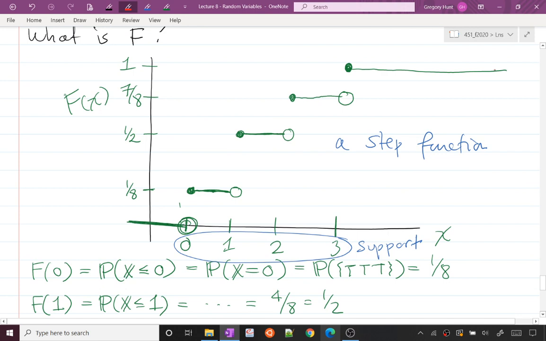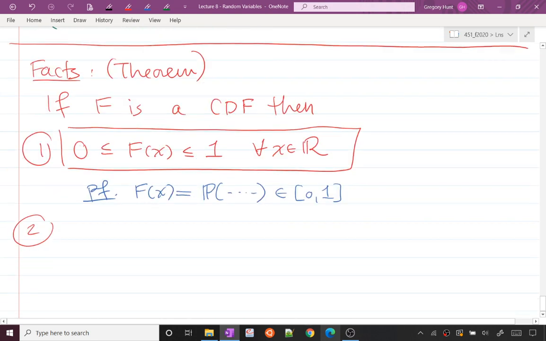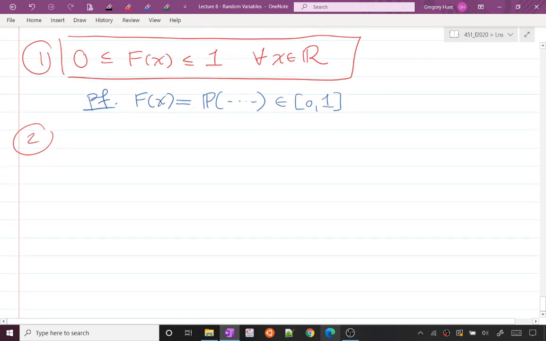I alluded to a second fact here, which is that for high values of x, F flatlines at 1, and for low values, F flatlines at 0. And this also is a general fact. Let's write it as some limits.